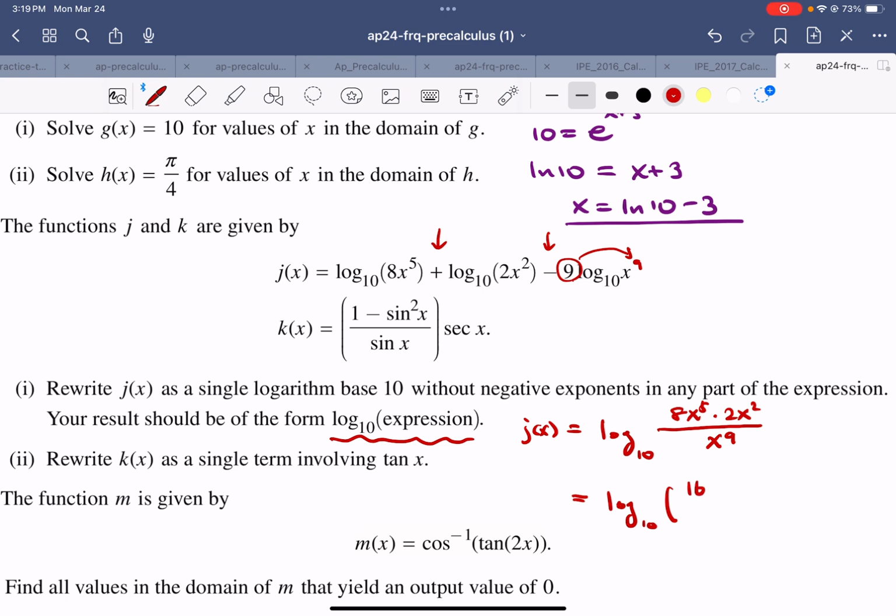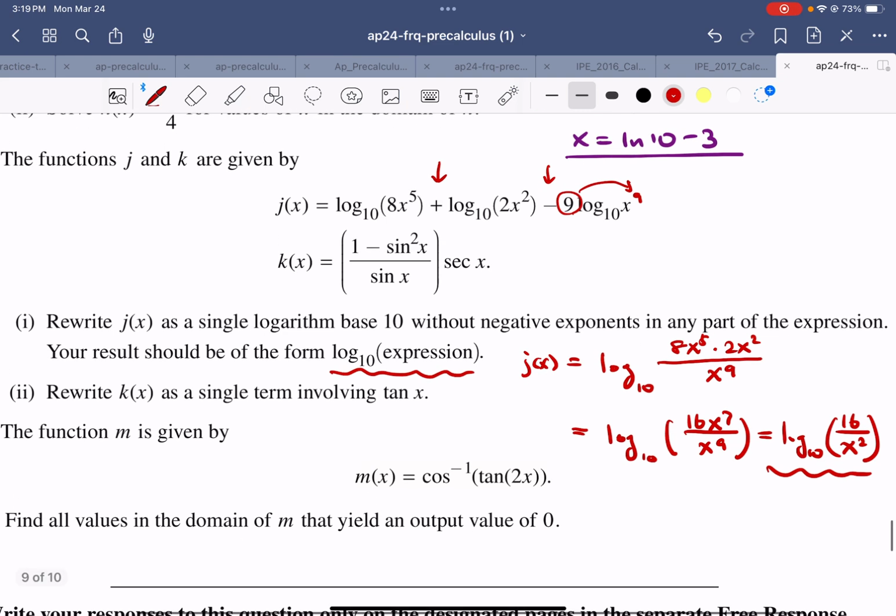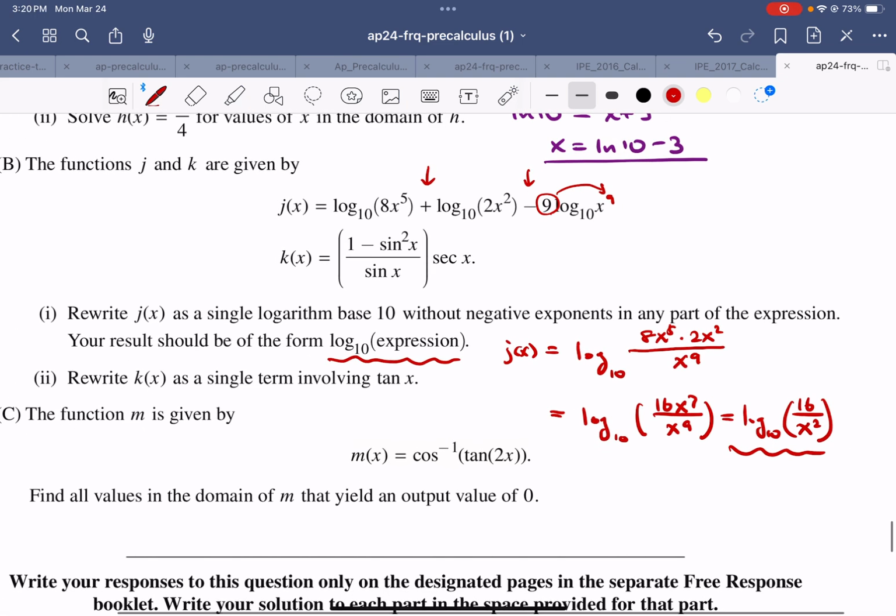So 16 x to the 7 over x to the 9. And then the last step, log 10 of, when you reduce, 16 over x squared, right? So that's your final answer. And then you can say your domain is x greater than 0 because of this, right? x cannot be 0 or negative.